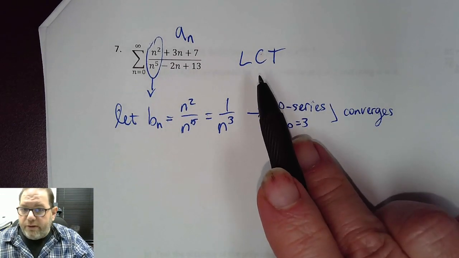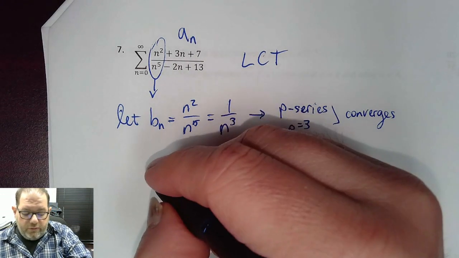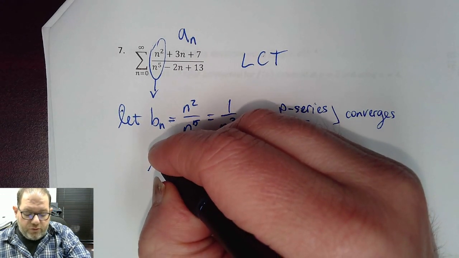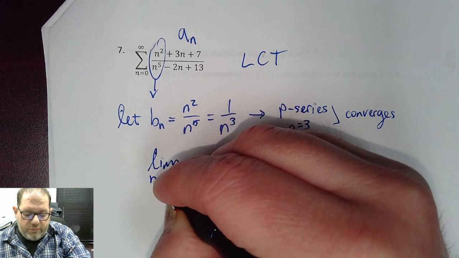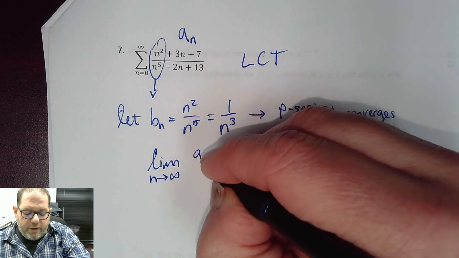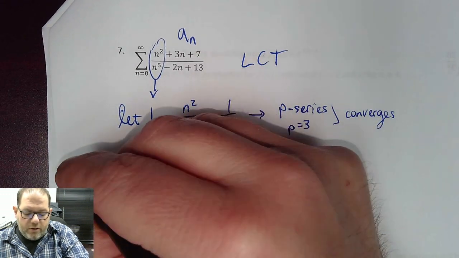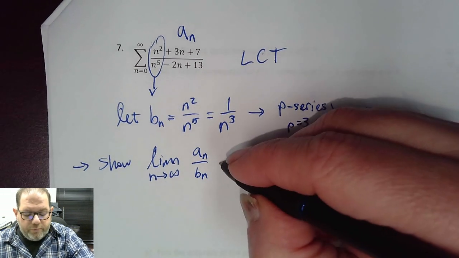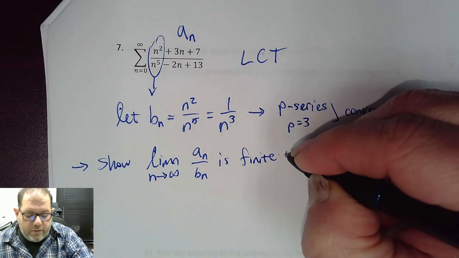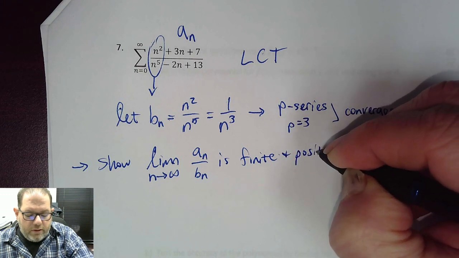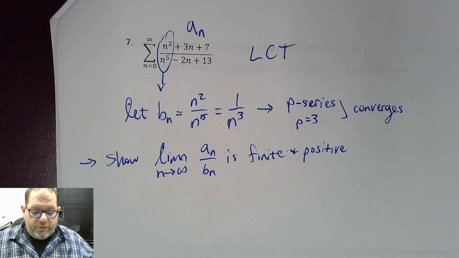But we still have to make sure we follow through with the limit comparison test. So for the limit comparison test, we have to show that the limit as n goes to infinity of a sub n over b sub n is finite and positive to verify that the comparison test actually works.